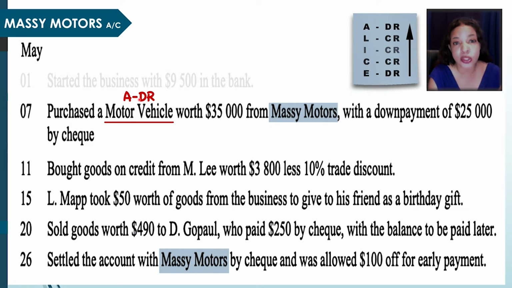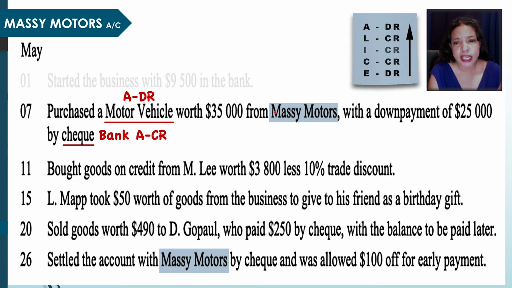So you make a little note here. You could just put DR for debit here. And then as we said, the other one is check. The account for check is bank, and bank is an asset. When you purchase something, you spend money, you make a payment, and a payment is credited for an asset. So that will be credit bank.